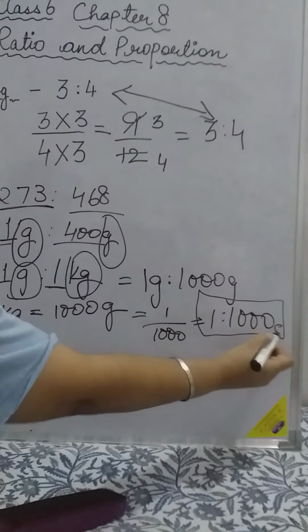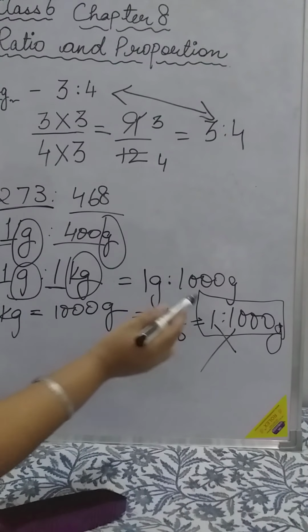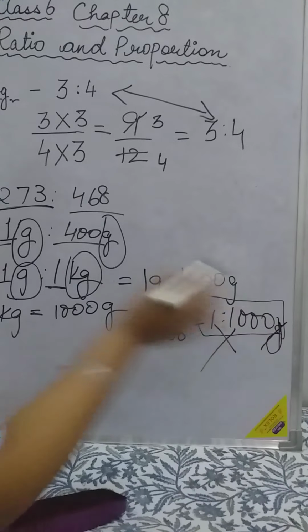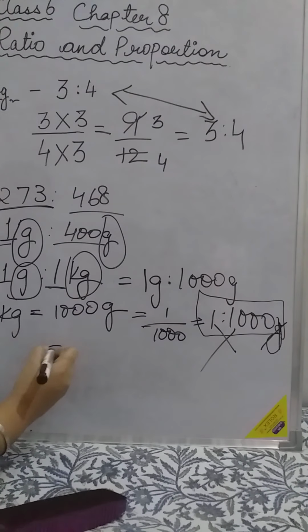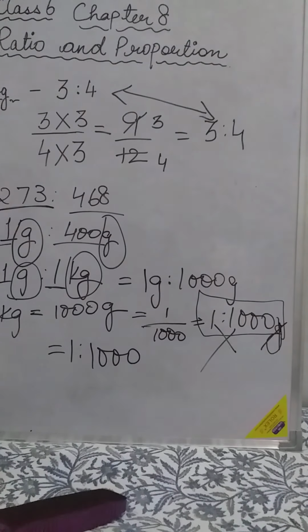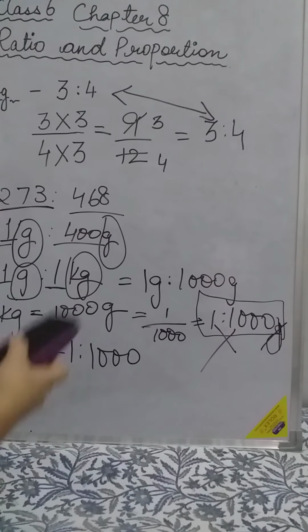If you write grams here, your answer is going to be wrong, because a ratio is a number and it cannot be expressed in units. Your answer is going to be directly 1:1000. No unit should be written in front of this. Hope I'm clear with this.